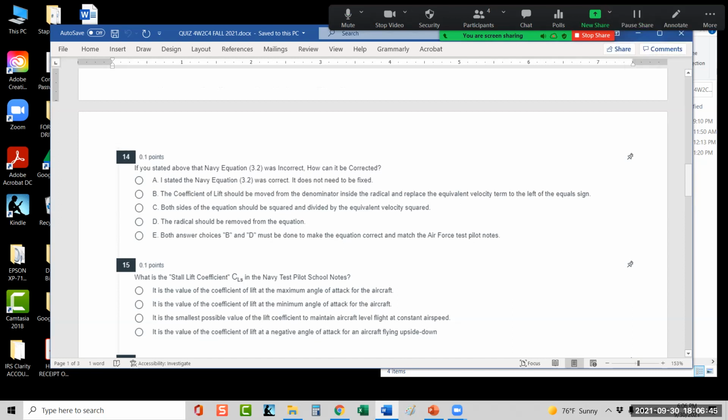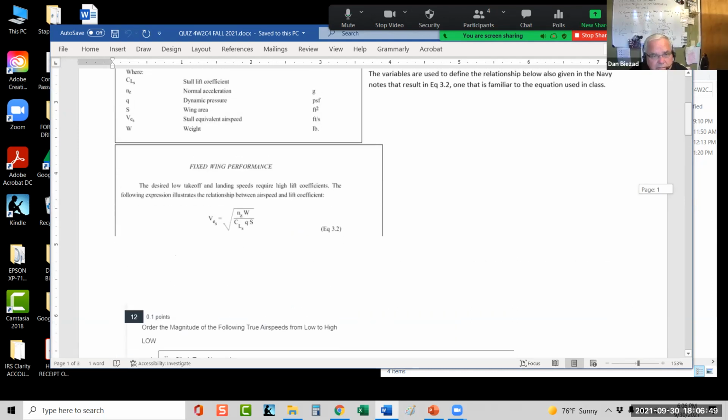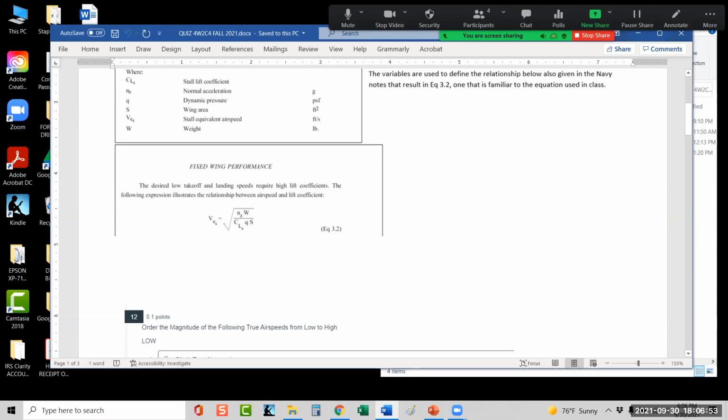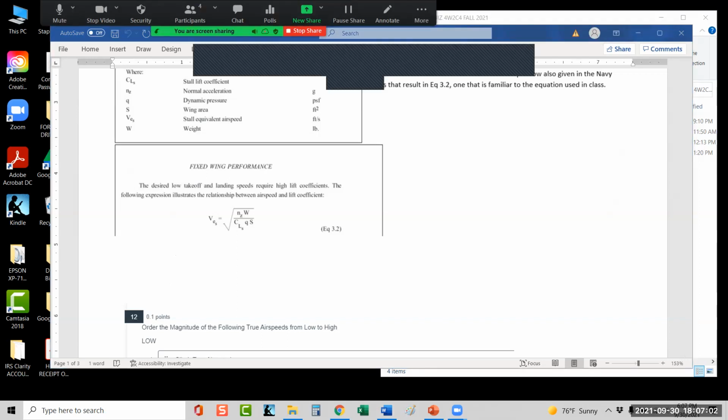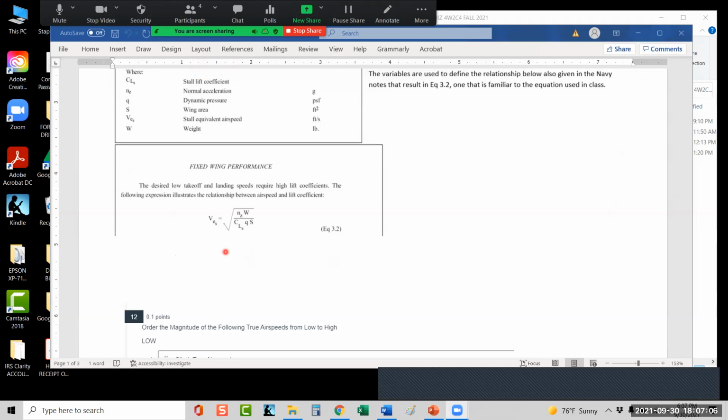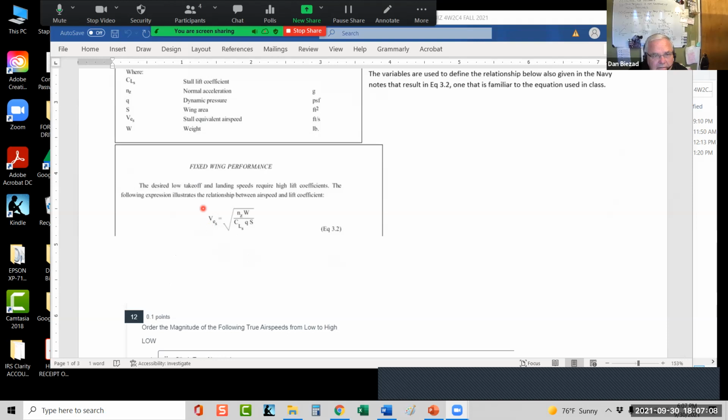Okay. So let me pull up the equation. I got it shown right there. Yeah. So the part where you square both sides makes sense to me, because that would cancel out the square root. So we're taking the left-hand side and squaring it to get VE squared, right?